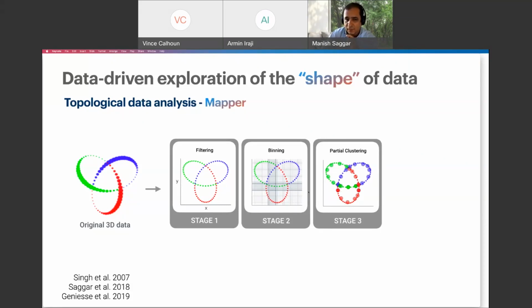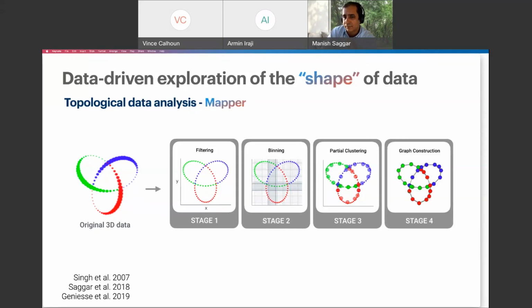So for example, here, if you look at this particular bin where the crossover happened between green, blue, and red, what Mapper tries to do is, in each bin, go to the original high-dimensional space, in this case just a 3-dimensional space, and then cluster the points in the low-dimensional space based on that information in the high-dimensional space. So if in higher dimensions green is, we know, above blue and red, like it's farther away, and blue and red are closer, then it'll try to preserve that information in this partial clustering step.